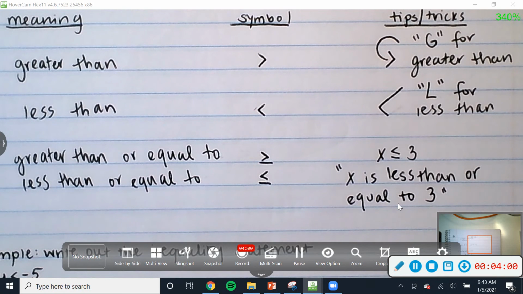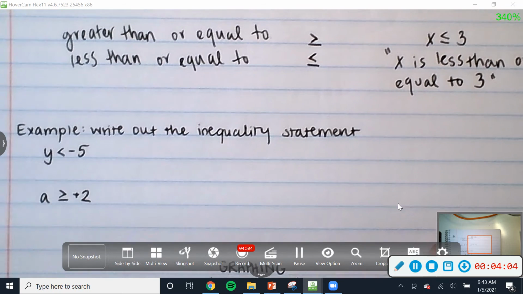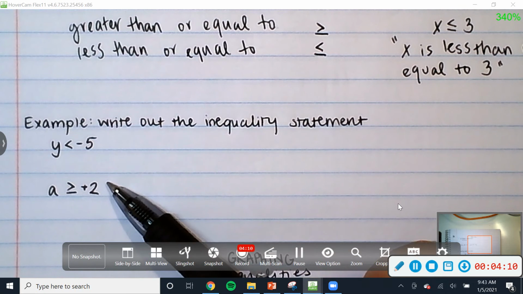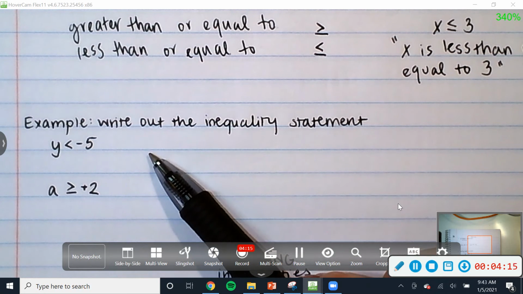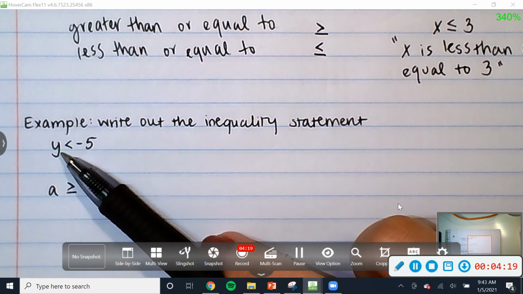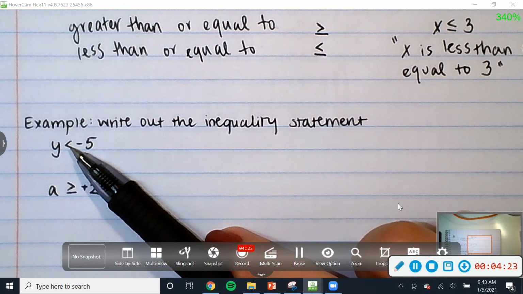Okay, so that was a quick review on our symbols right here. Now let's try to put this into words. So we have our examples. We have this one and this one. We want to be able to read these out loud, and I'm going to write out how we would say these. So if we start on the left here, we have y. Then we need to figure out what this symbol is, if it's the greater or the less than.